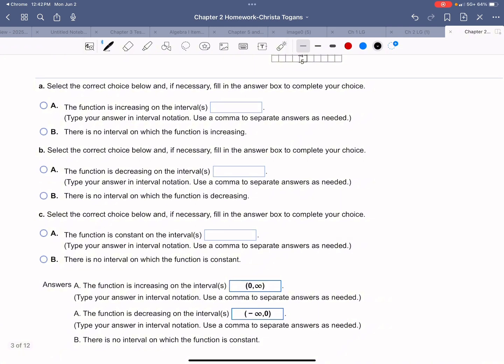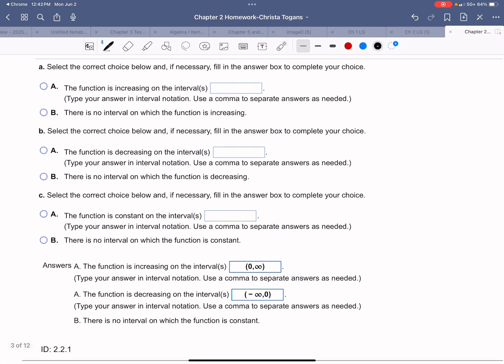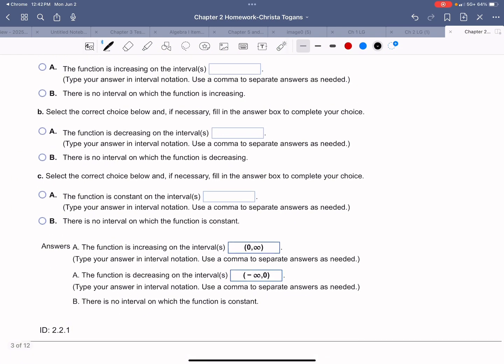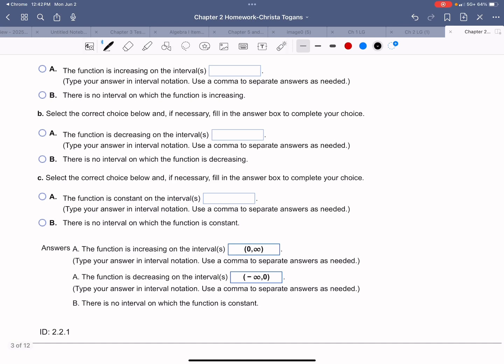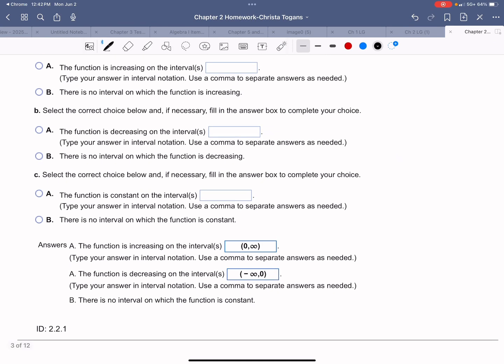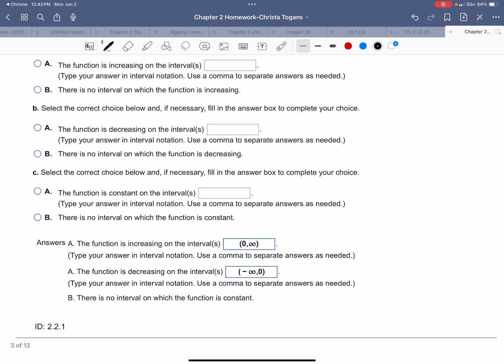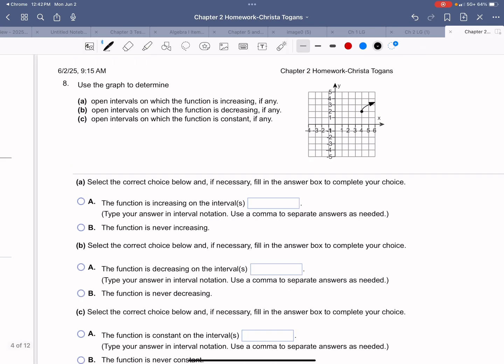And then the function is decreasing from -infinity to 0, right? And then part B, and then part C, the function, I have students talking, so it's distracting me. There is no interval on which the function is constant.